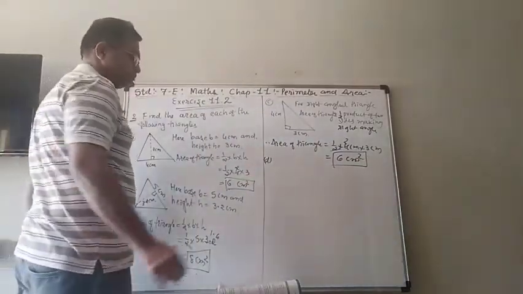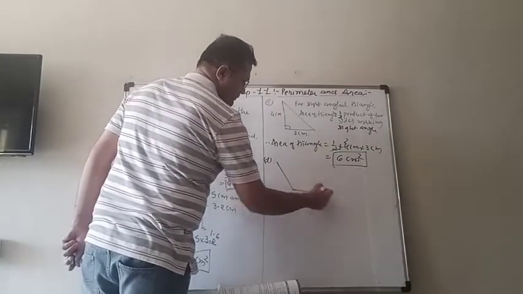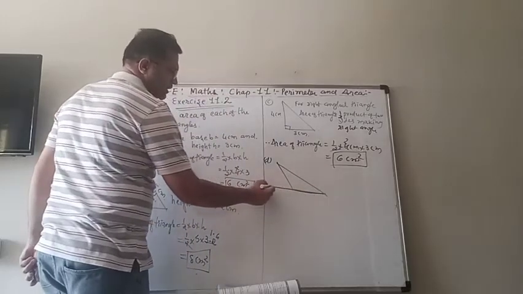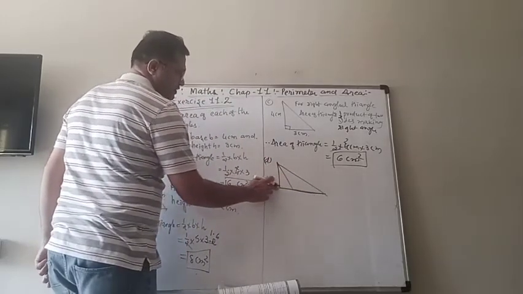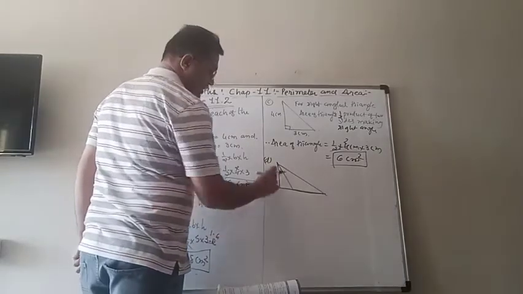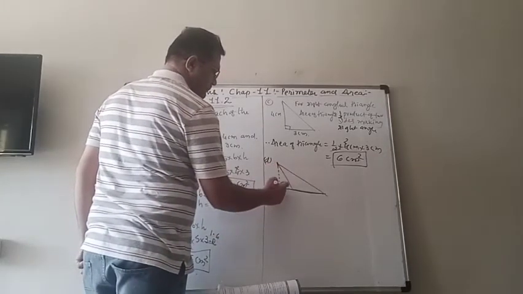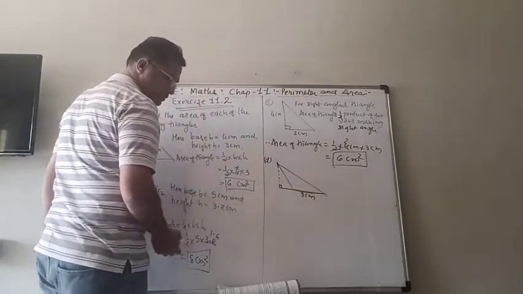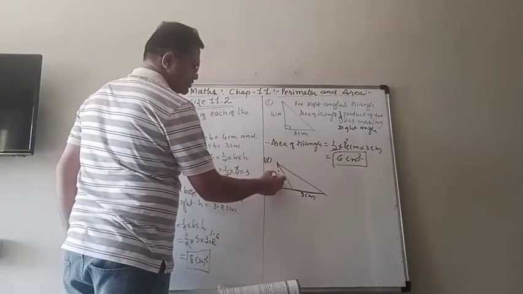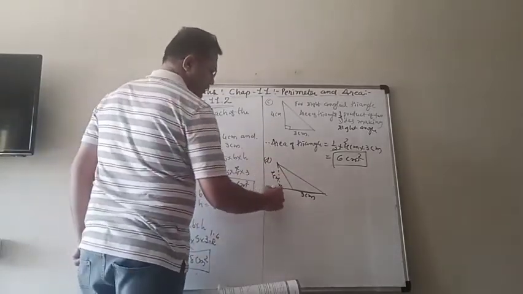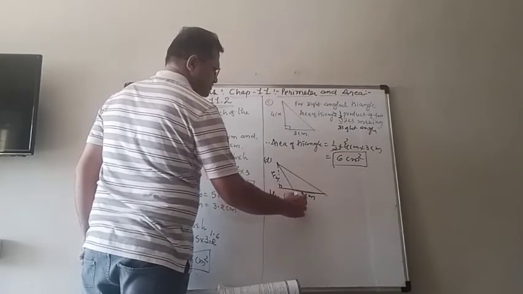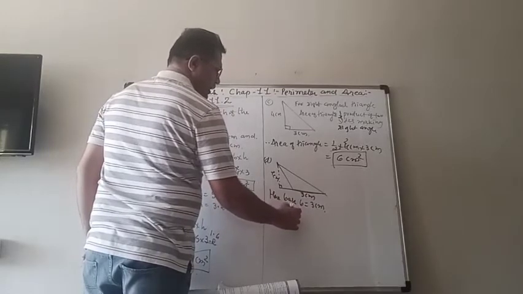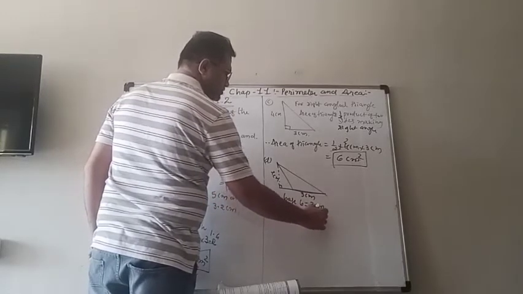Now in D, as we saw in the examples, when there is an obtuse angle triangle, we have to extend one of the sides and then the altitude or the perpendicular is drawn. So here the base B is equal to 3 centimeter and the height H is 2 centimeter.